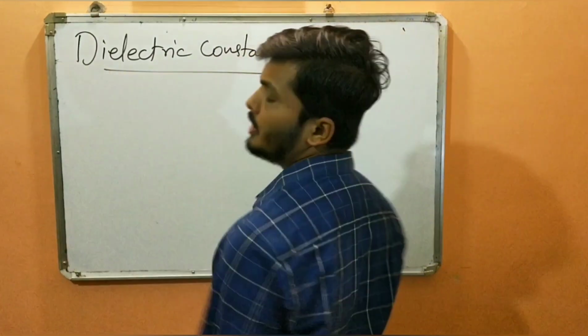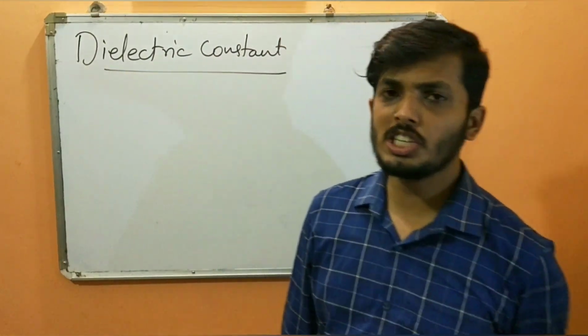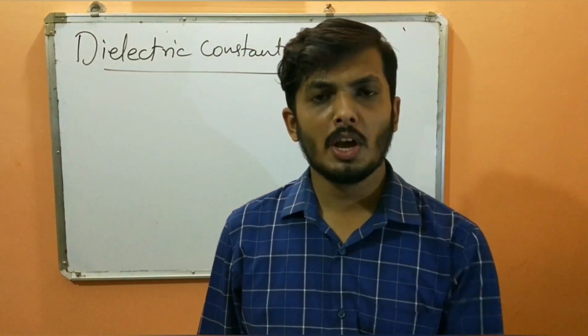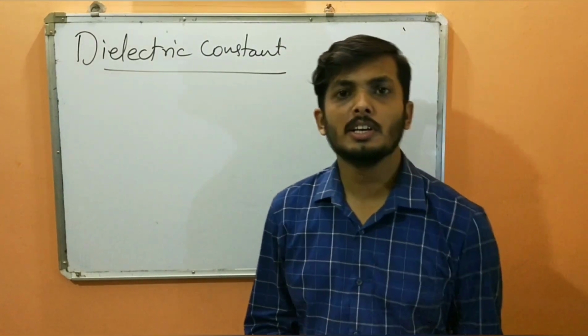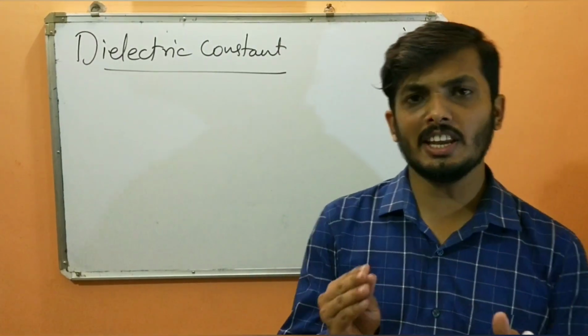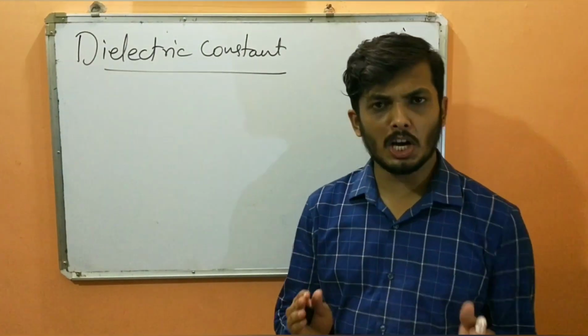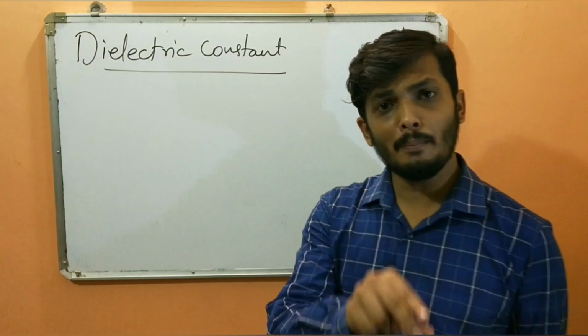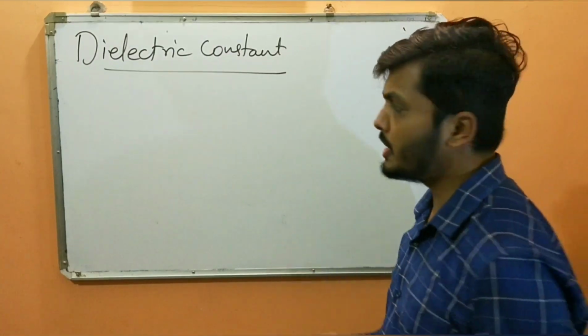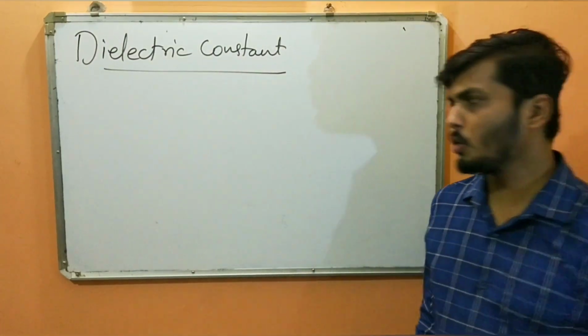Now, the dielectric constant is the ratio of the force between two charged particles separated by some distance in air or a vacuum to the force between the same two charged particles placed in a medium but at the same distance. So what is the dielectric constant?